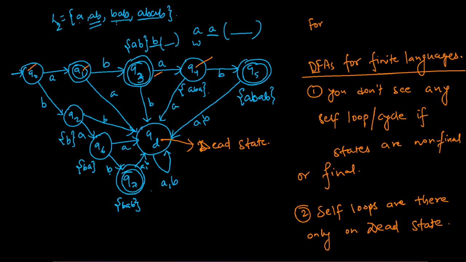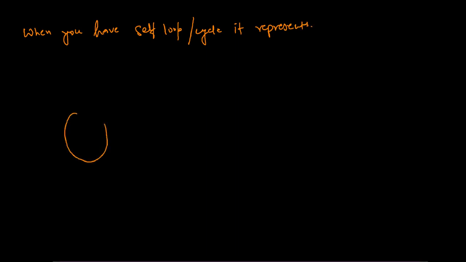The reason is simple. When you have a self loop or cycle, it represents an infinite language. Just look at this. This is your state Q0.